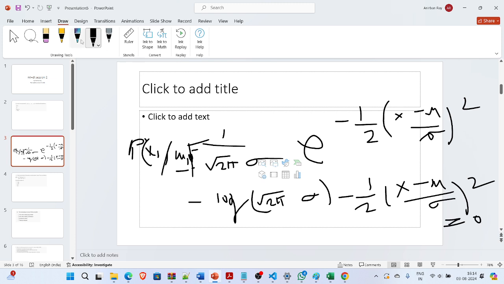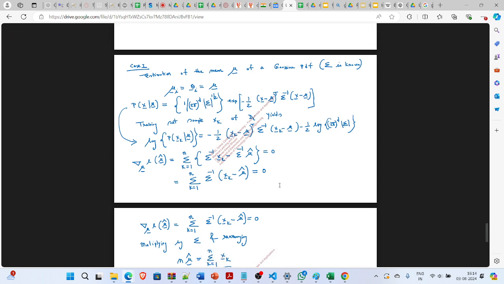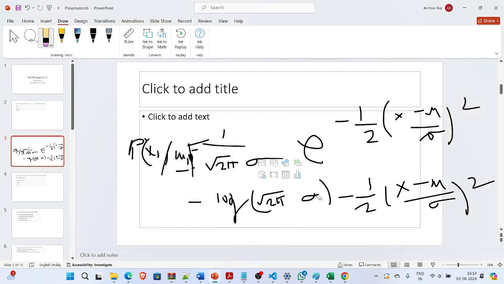We took the logarithm first. So as you can see, what they have done is then differentiated with respect to every parameter. In this case it's mu and sigma.